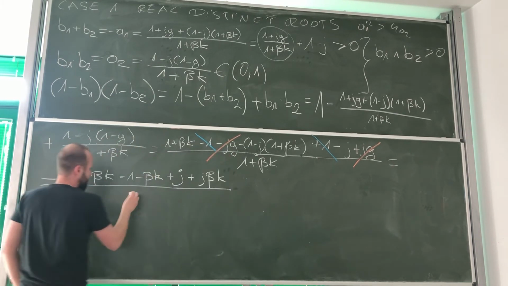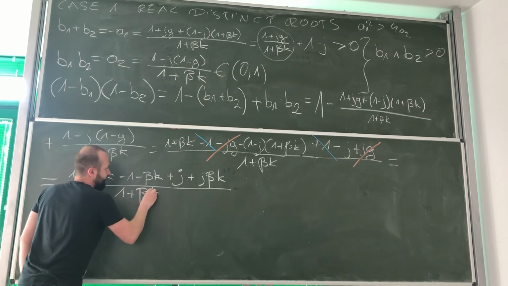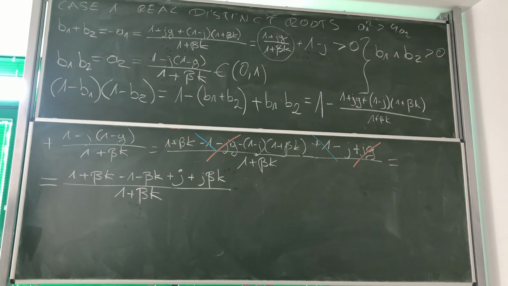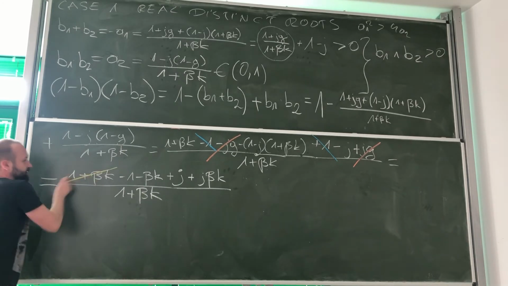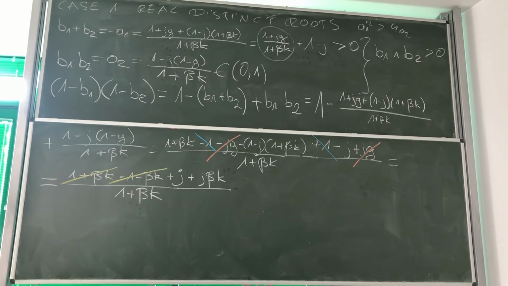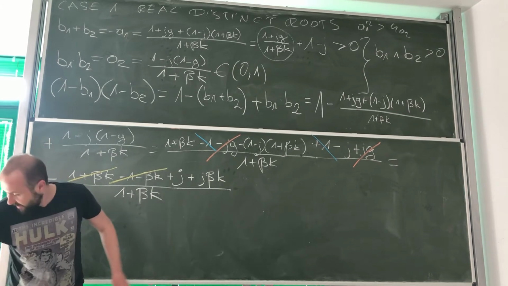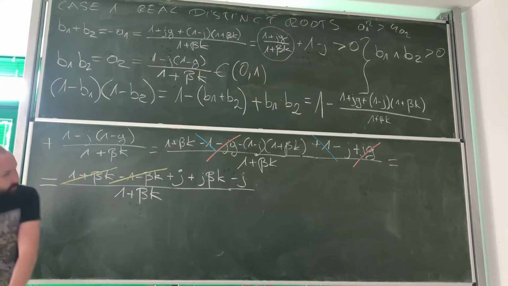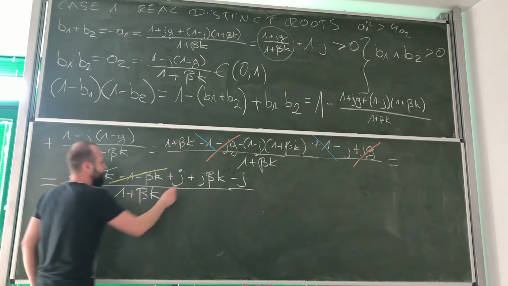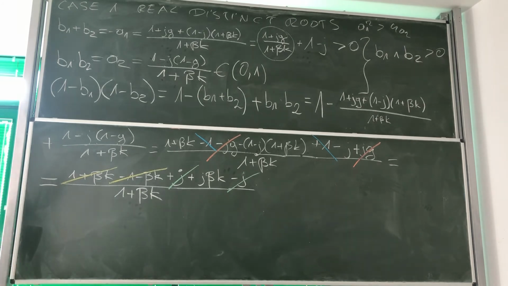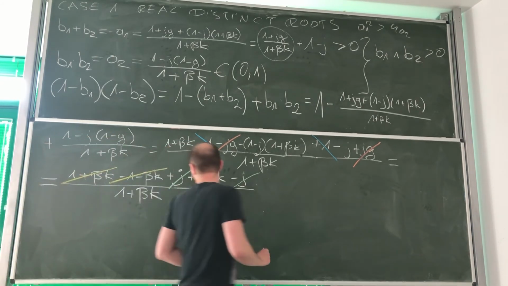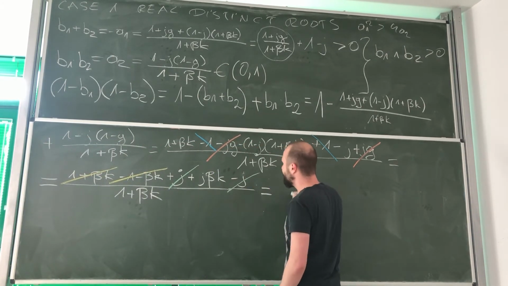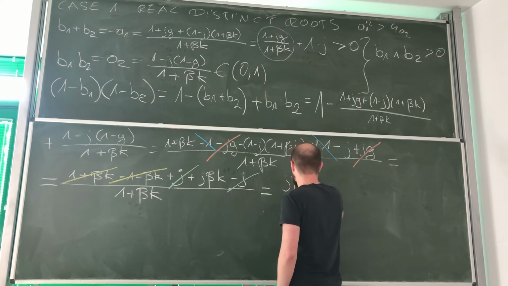Now, what can we get rid of? Well, those two really cancel each other out. And here, I'm sorry, I forgot, at the end we've got minus g. And those two cancel each other out as well. So look, what did we get over here? We got j beta k over 1 plus beta k.